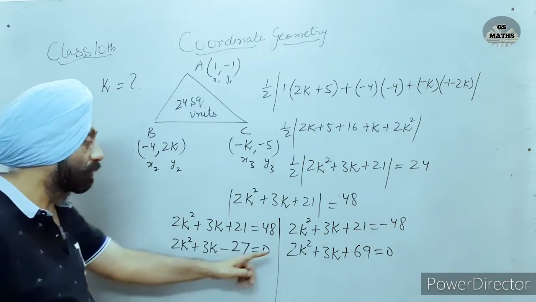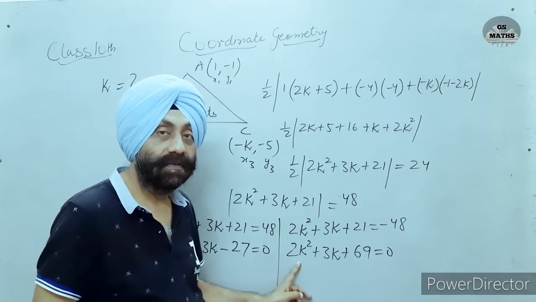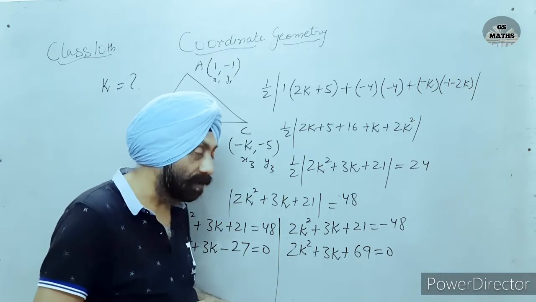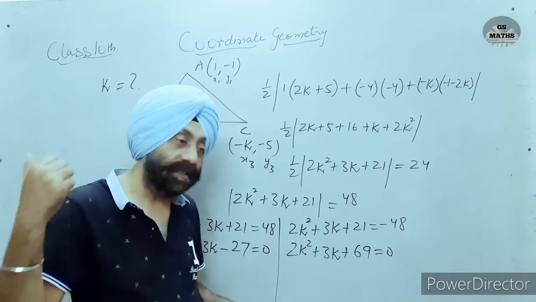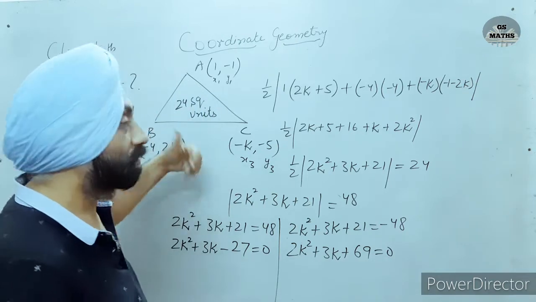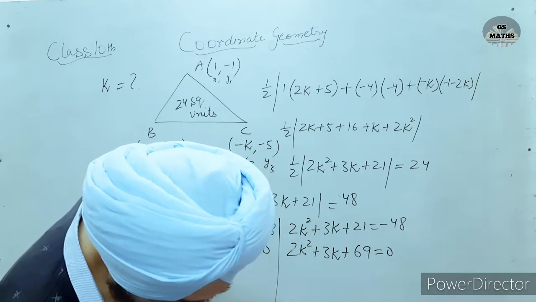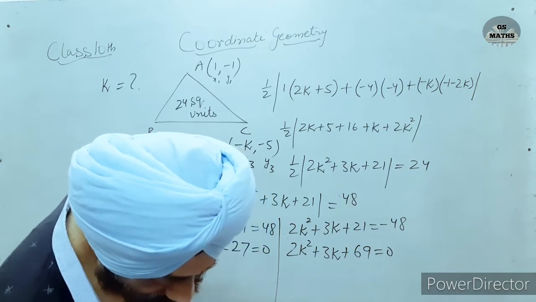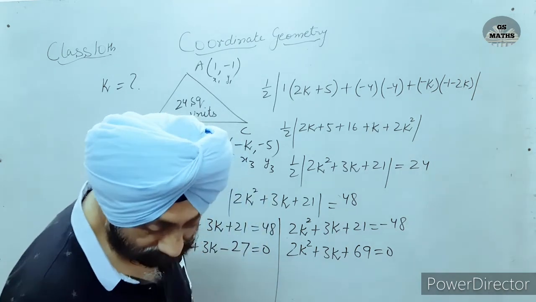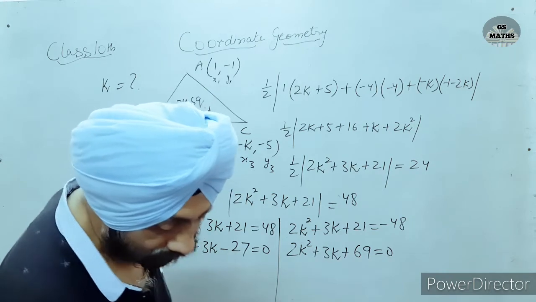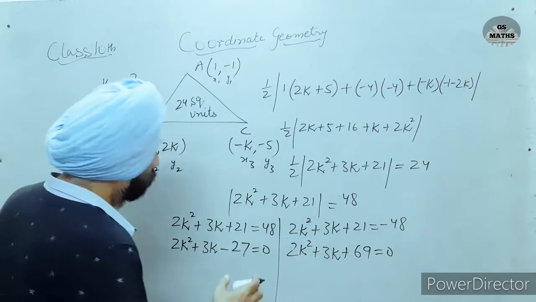We will solve these two equations to get the value of k, either by splitting the middle term or using the quadratic formula of the chapter quadratic equations. Now here the answers are given as k equals 3 and k equals minus 9 by 2. When you solve this, I get the answers.